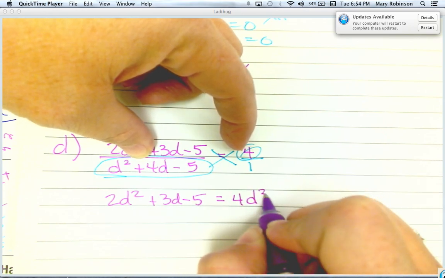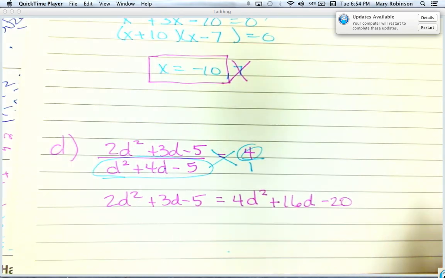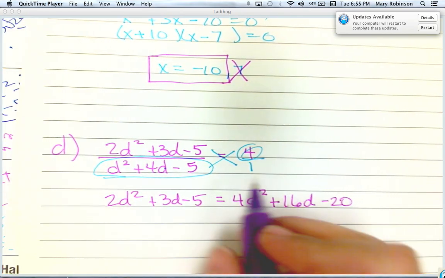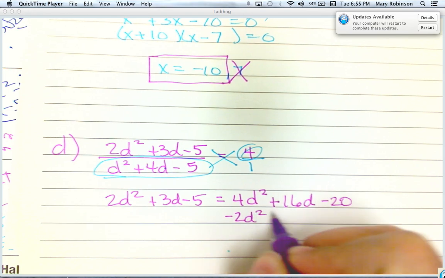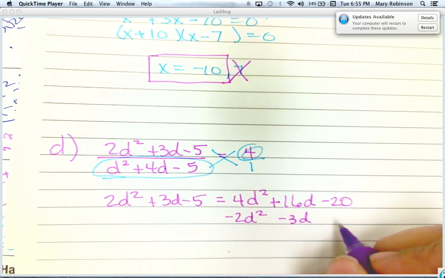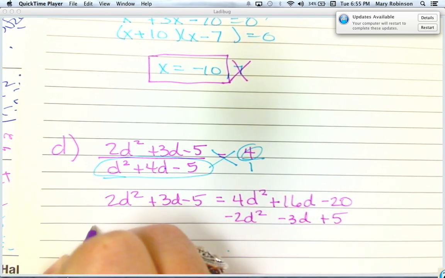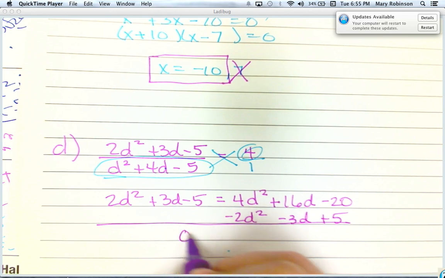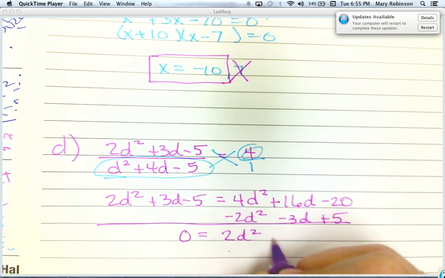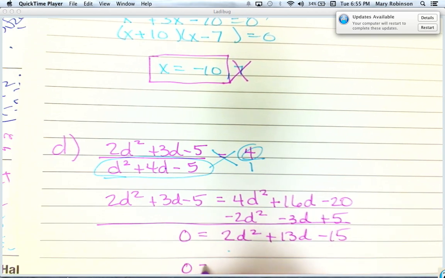So we get 4d squared plus 16d minus 20. At this point, I'm going to subtract my terms over here so I can keep a positive coefficient. And so I get 0 equals 2d squared plus 13d minus 15.